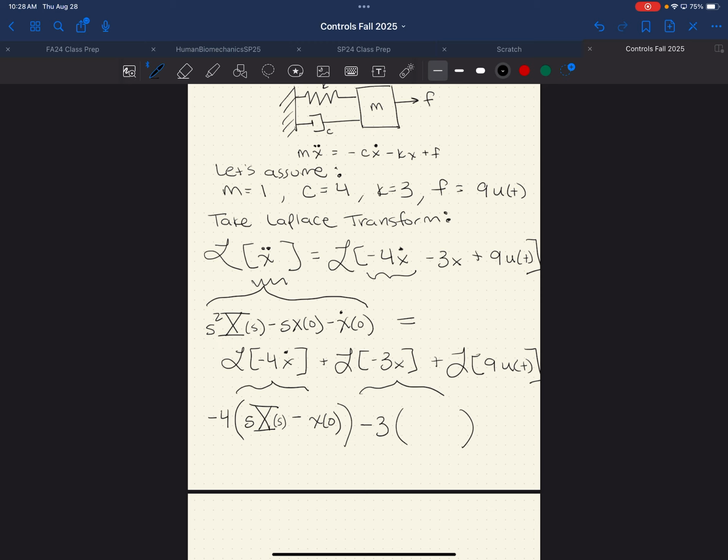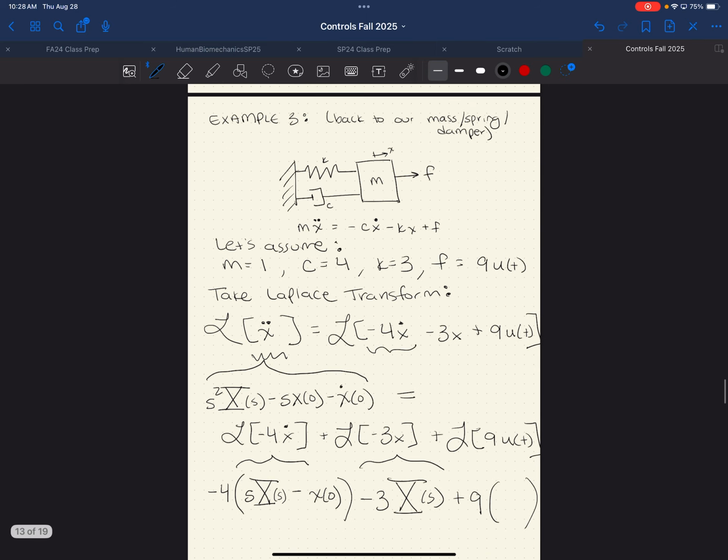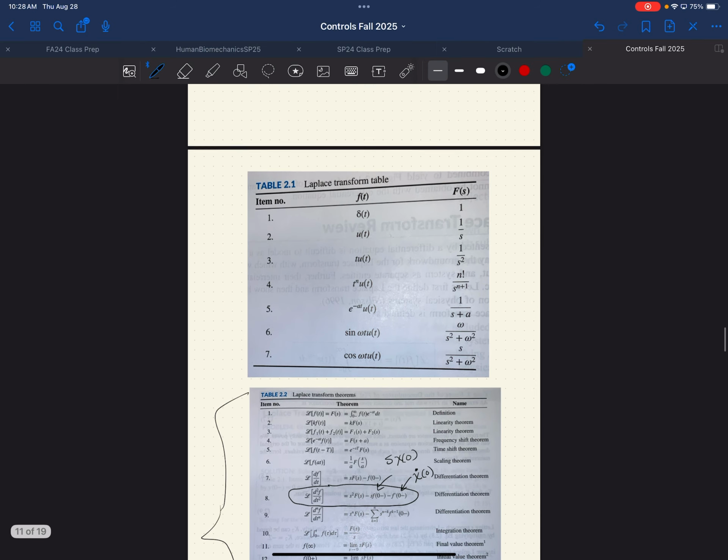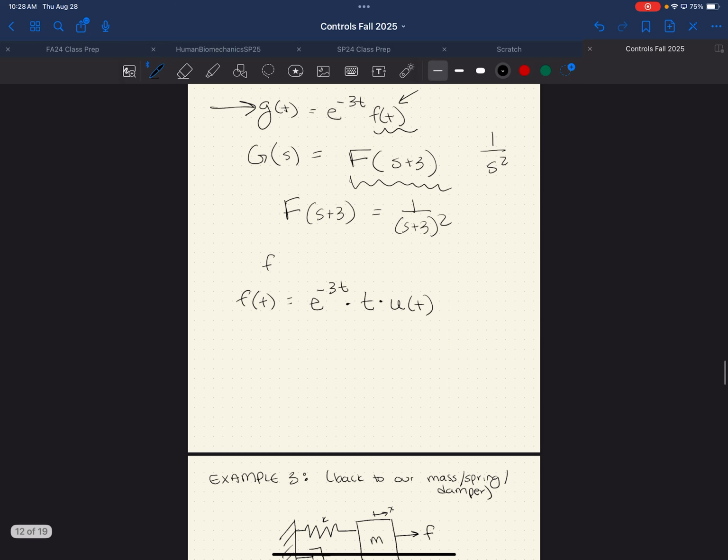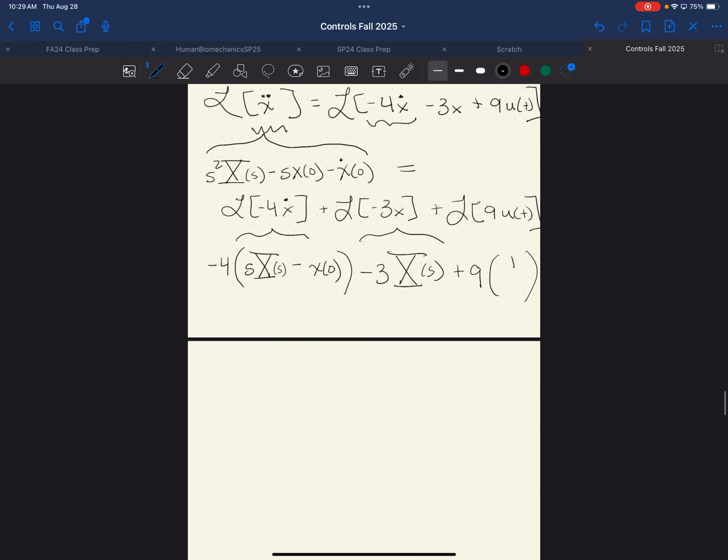So this one just becomes big X of s, plus the Laplace transform of 9. What is the Laplace transform of our step function? I always forget. I'm going to go back and look. Step function, 1 over s. 1 over s. All right.